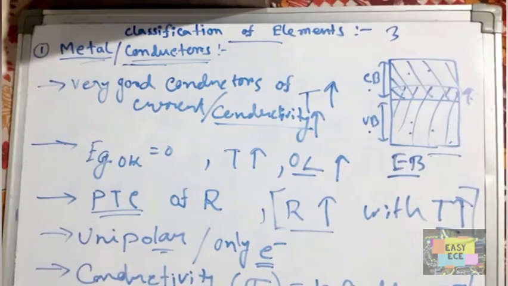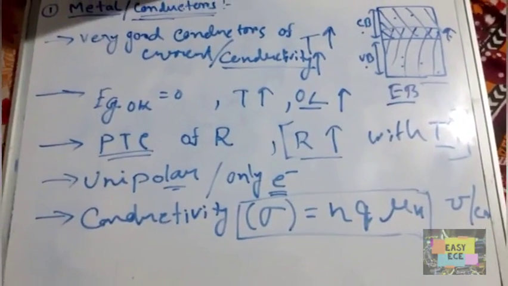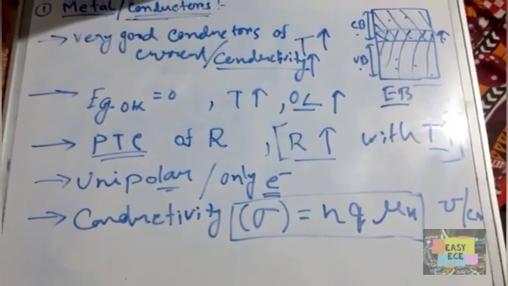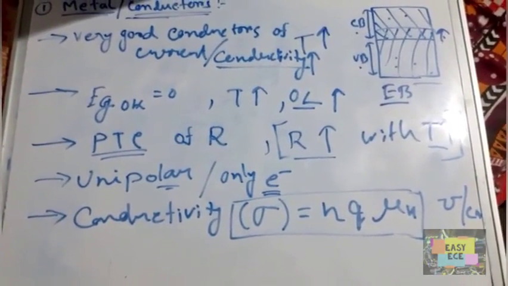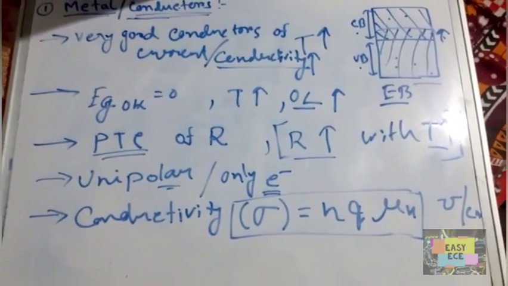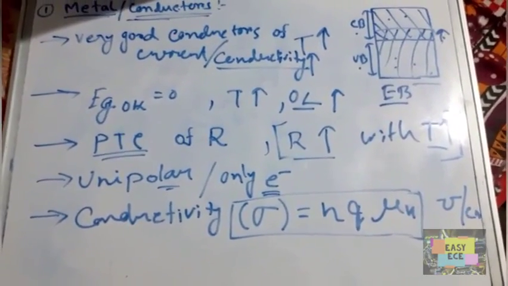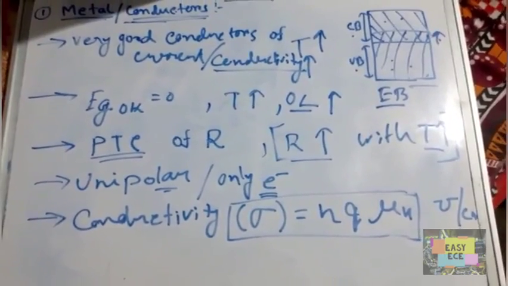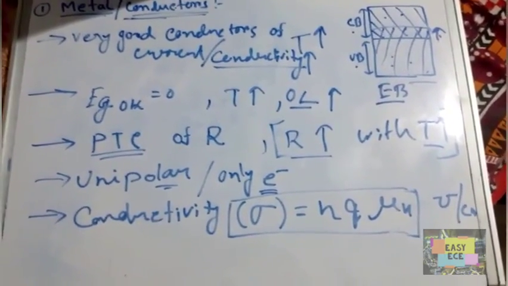So this is the formula of conductivity, where N is the concentration of electrons, Q is the charge of the electron, that is 1.6 into 10 to the minus 19, and mu N is the mobility of electrons.